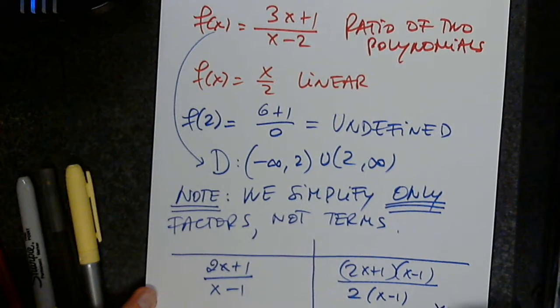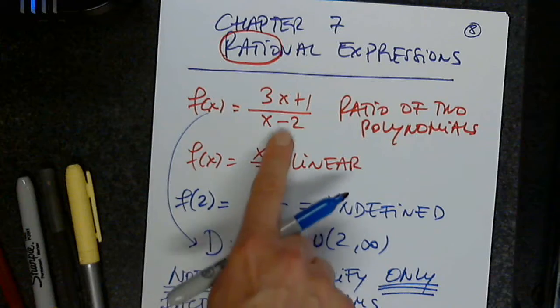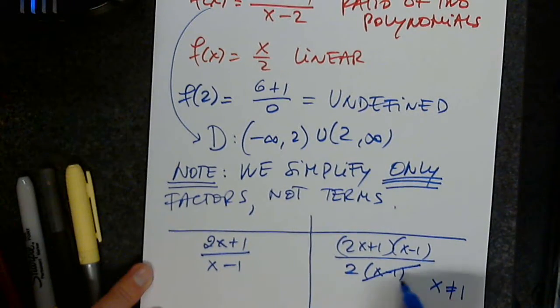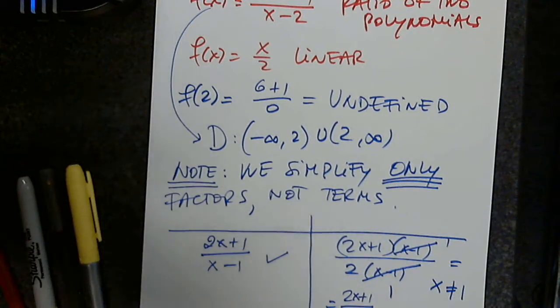First I have to write that x cannot be 1, because it's undefined at 1, like this one was undefined at 2. Then I simplify. The final simplified form is 2x plus 1 over 2. This one stays. I cannot simplify anything. There are no factors at the top, and no factors in the denominator that I could get rid of.